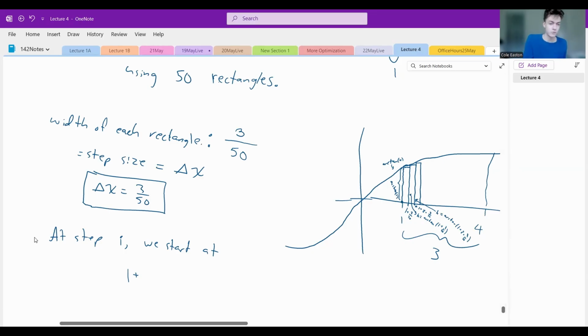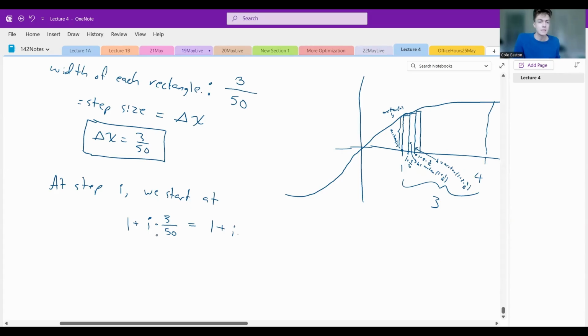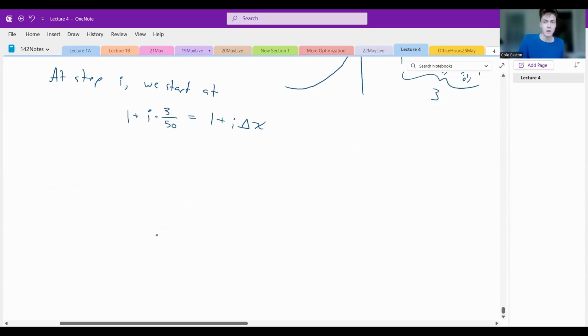So if I've moved 5 steps to the right, then my i is 5. And then it's going to be plus i times 3/50, right? And so that's 1 plus i delta x. And so that means that our height is what we get when we plug this value into our function. So our height is going to be arctangent of 1 plus i delta x.